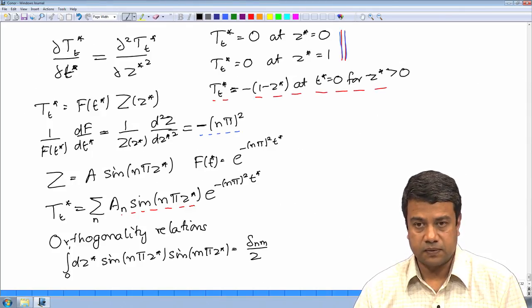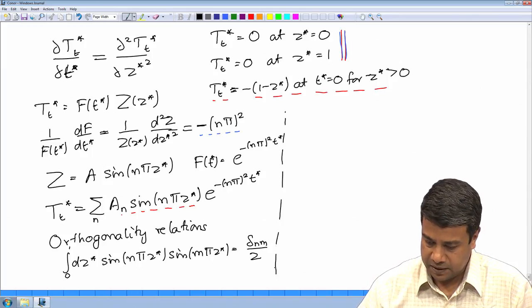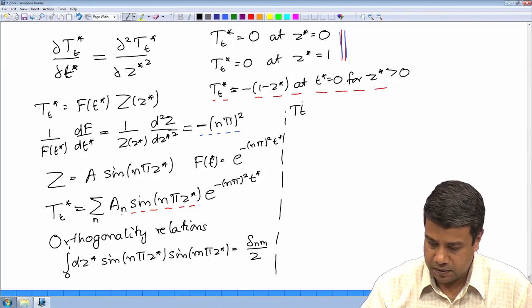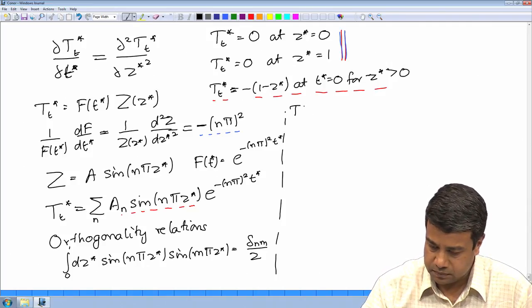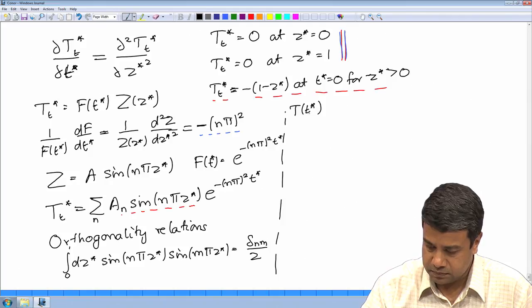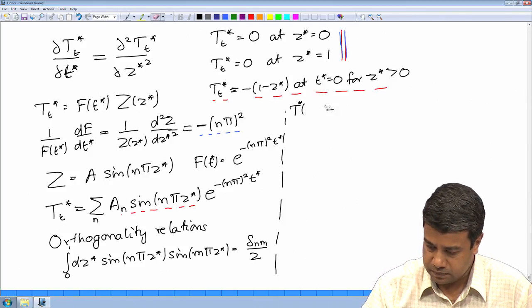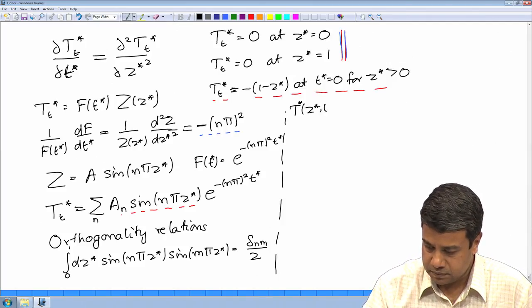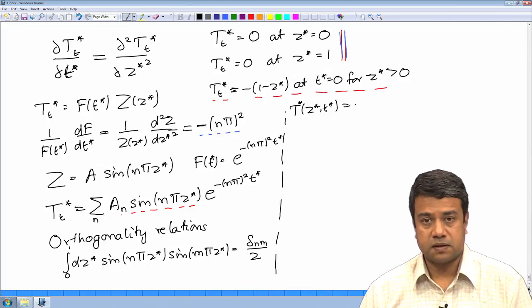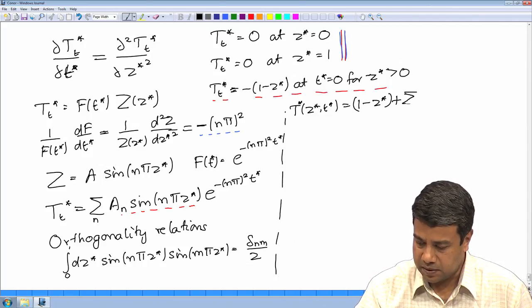So, that was the procedure that we had used, and we had finally got the solution for the temperature field. The temperature consists of the steady part 1 minus z plus the transient part.